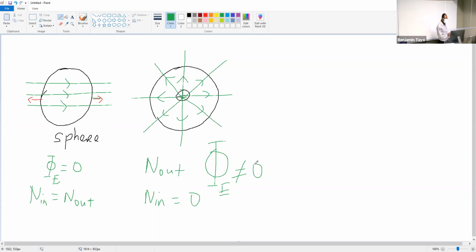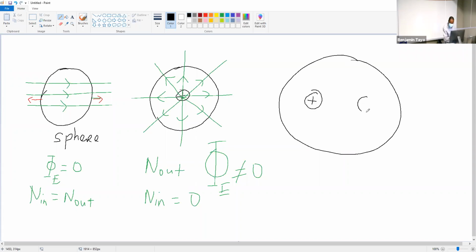Now let's show one more example, and then we'll go back to our PowerPoint. What if we have a volume that looks like this? And this is going to help you for the homework. And let's say I have a positive charge here, negative charge here. And let's say this is Q, and this is negative Q. Now, we said that an electric field always points from the positive to the negative, right?